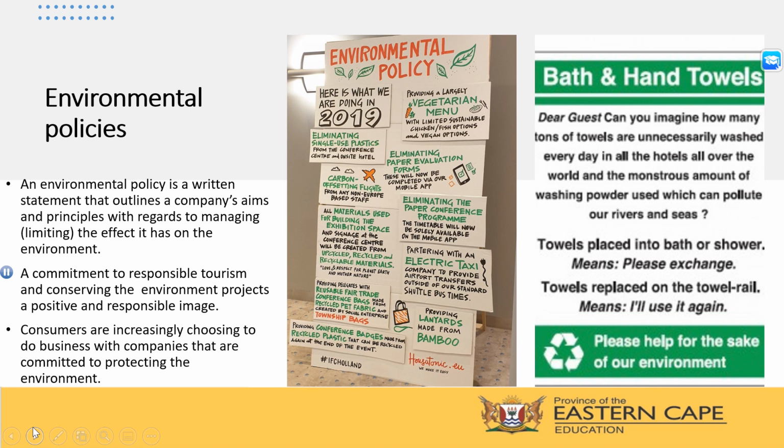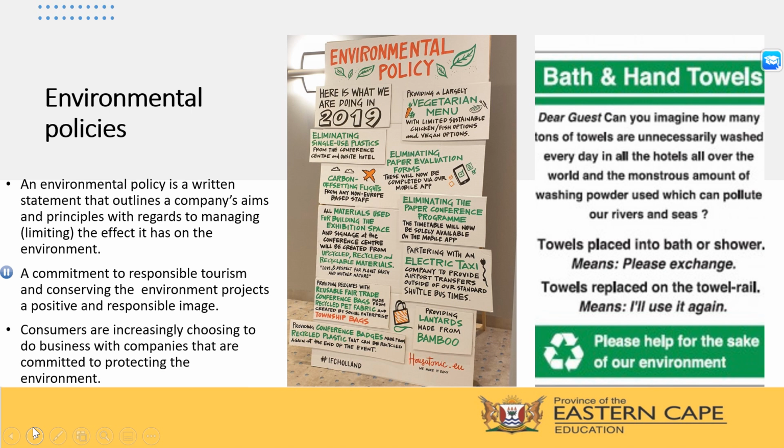If you take a look at the two examples on the screen, you'll see that the one right in the middle is of a business that is showing how they limit the effect on the environment by eliminating single-use plastics, by recycling materials, and any number of other options that they give to you on the notification that is in front of you.